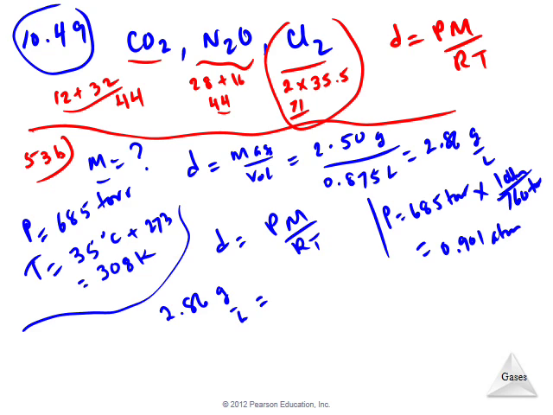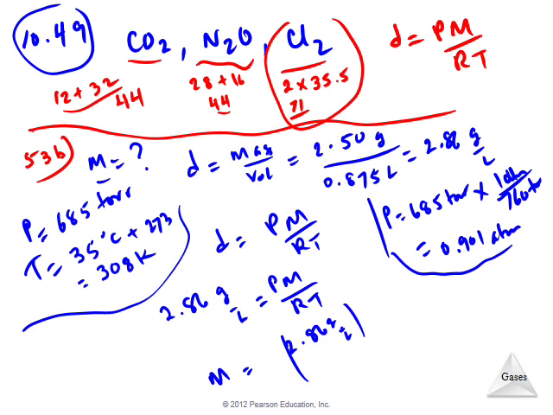So now we can plug in all these numbers in the right units, but before that we can solve for M. So let's first write down PM over RT, because we need to get the molar mass. Everything else is known. So M would be given by 2.86 gram per liter times RT.